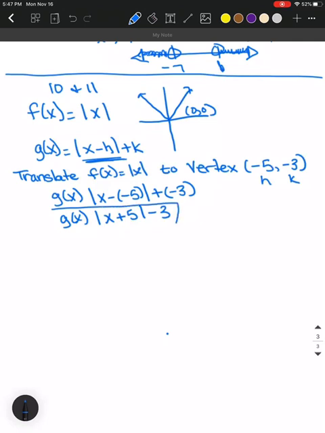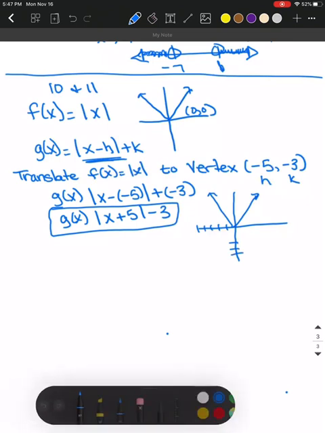So this is my new function. So if I was to graph this, this is telling me that I have to move my vertex from 0, 0, which is right there, to left 5, so that's 0, 0, 1, 2, 3, 4, 5, and down 3.